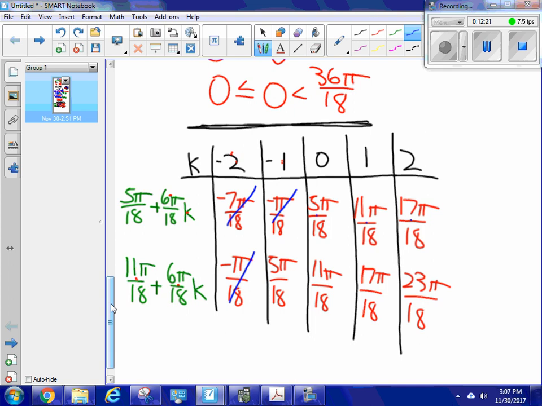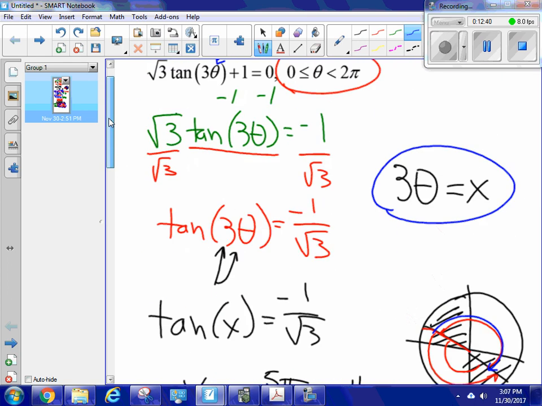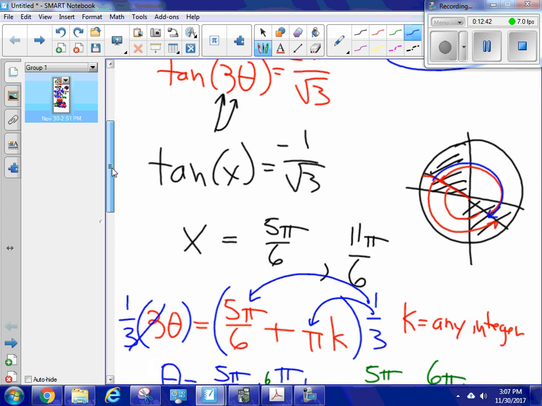So these three are good. And you'll notice they're just repeated right down here. And 23 pi over 18 is also good. Well, this is kind of nice. I have found that all of these are answers that will make my original equation true.